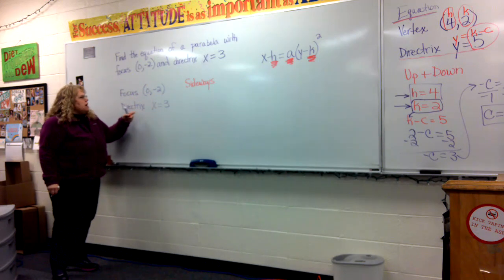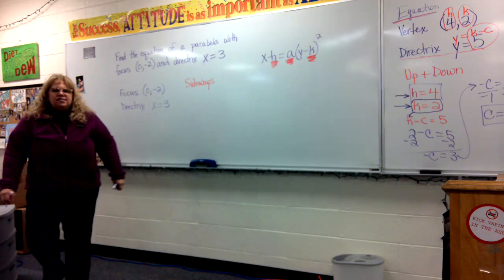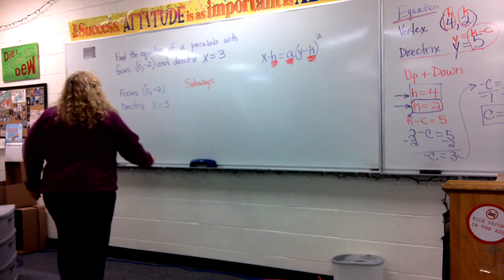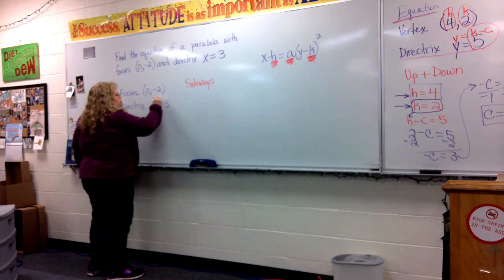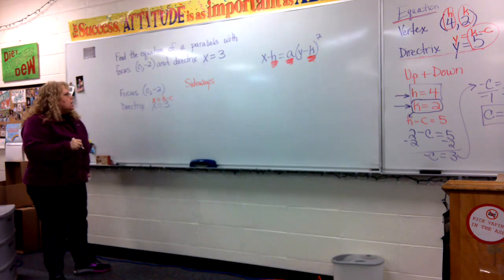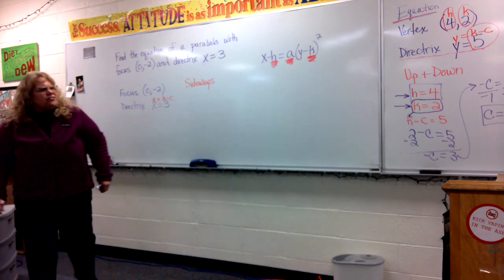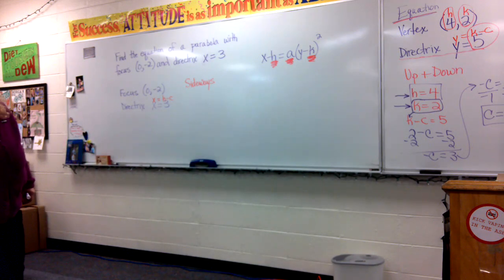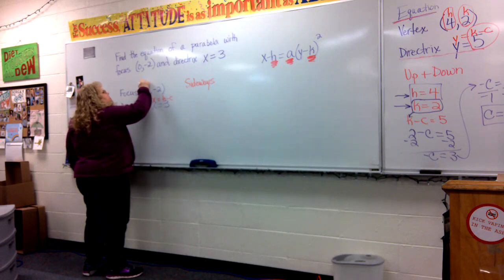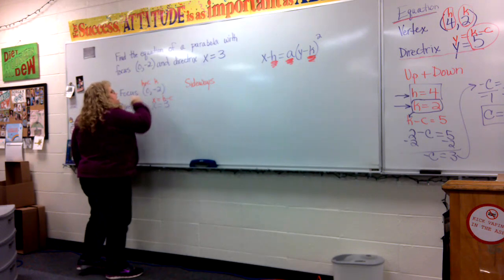So for a sideways parabola, it says over there the directrix is h minus c. Do I have that right? That is 100% correct. And it also says over there for the focus, it's h plus c and k.